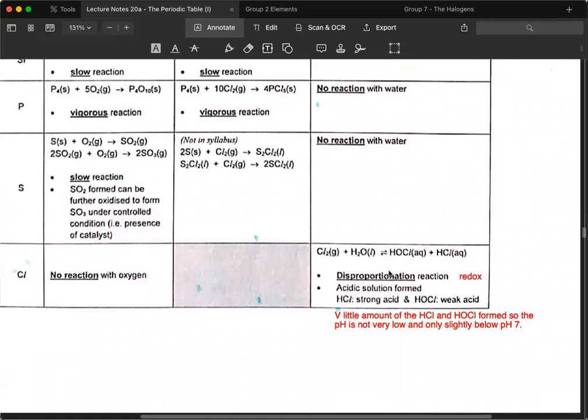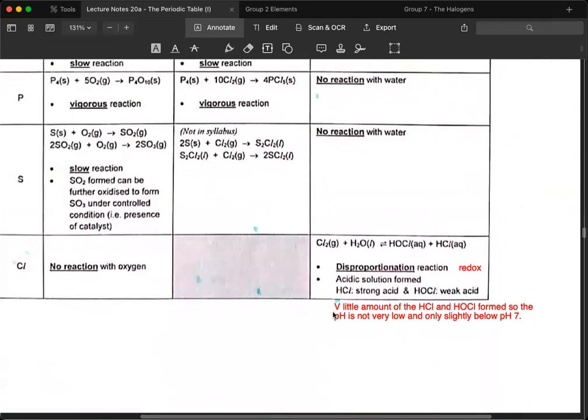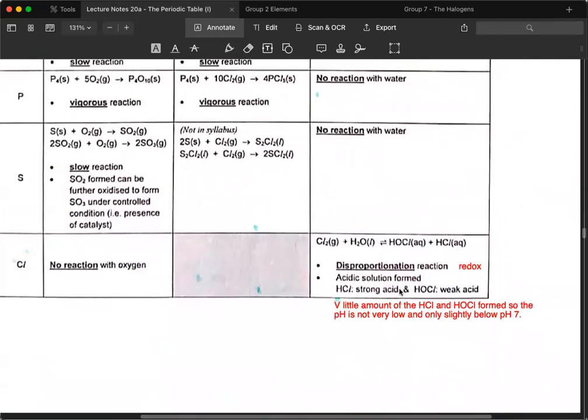This is called a disproportionation reaction. It's a type of redox reaction where the same substance is reduced and oxidized at the same time to form two different products. So when chlorine reacts with water, it forms an acidic solution. HCl is a strong acid, but HOCl is a weak acid.